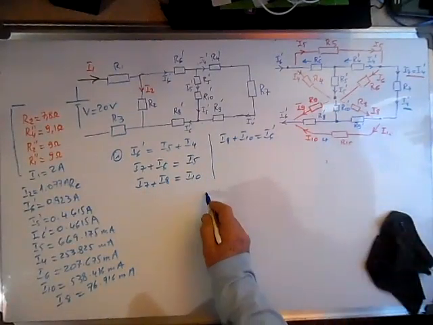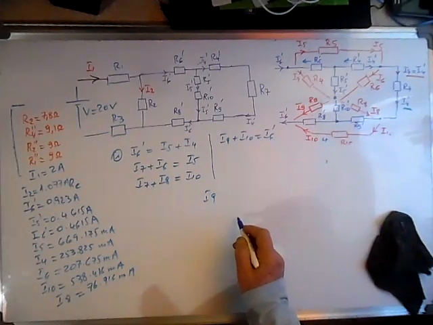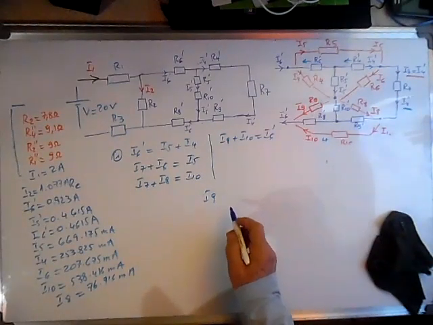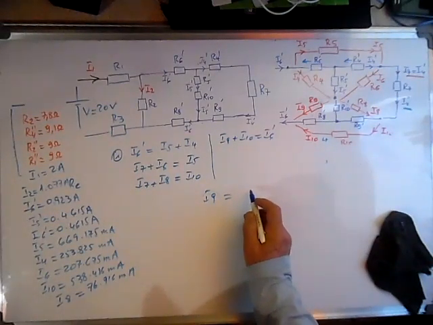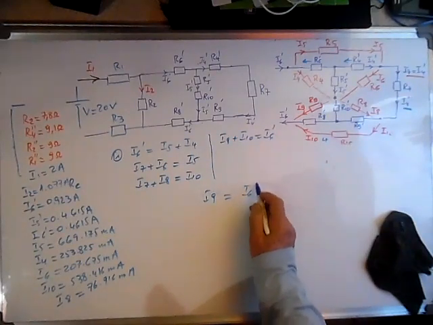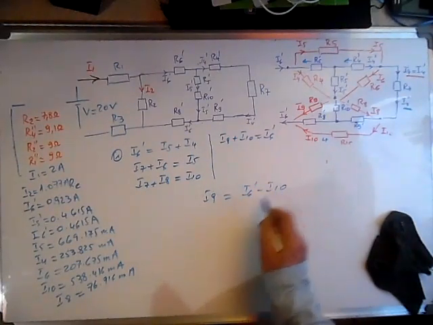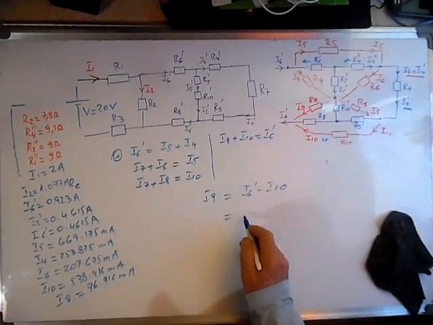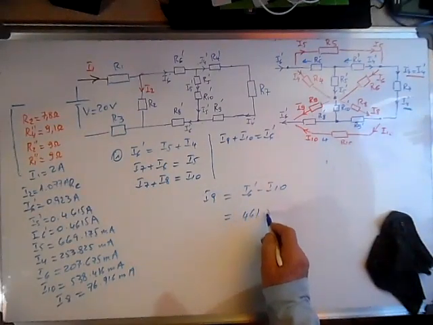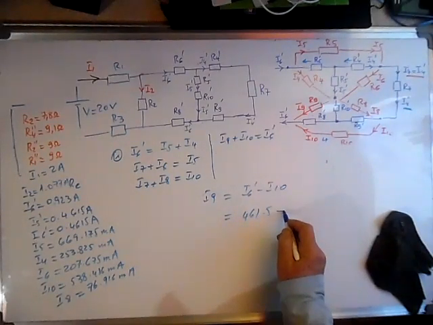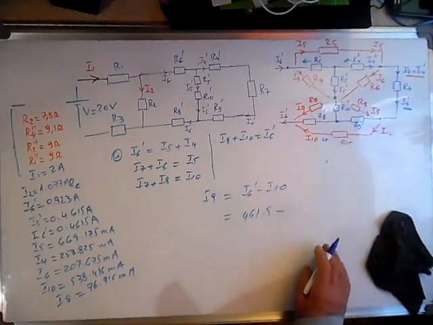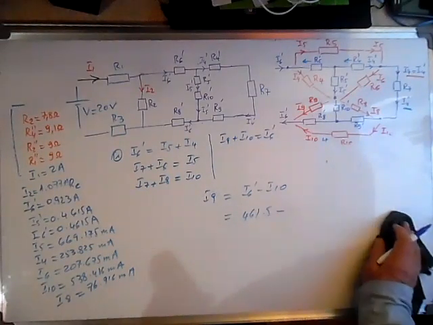We are left with I9 now to calculate. I9 plus I10 is equal to I6 prime. I9 is equal to I6 prime minus I10. I6 prime is equal to 461.5 minus I10. Well.